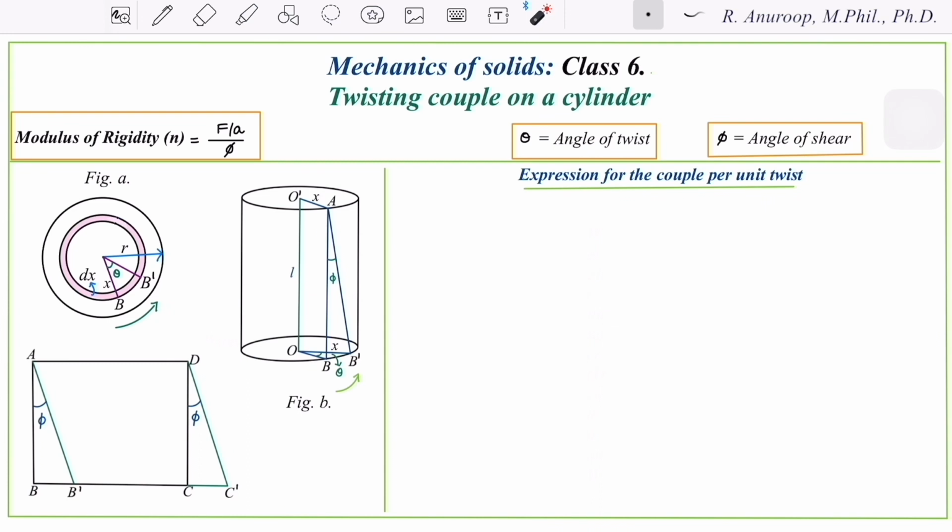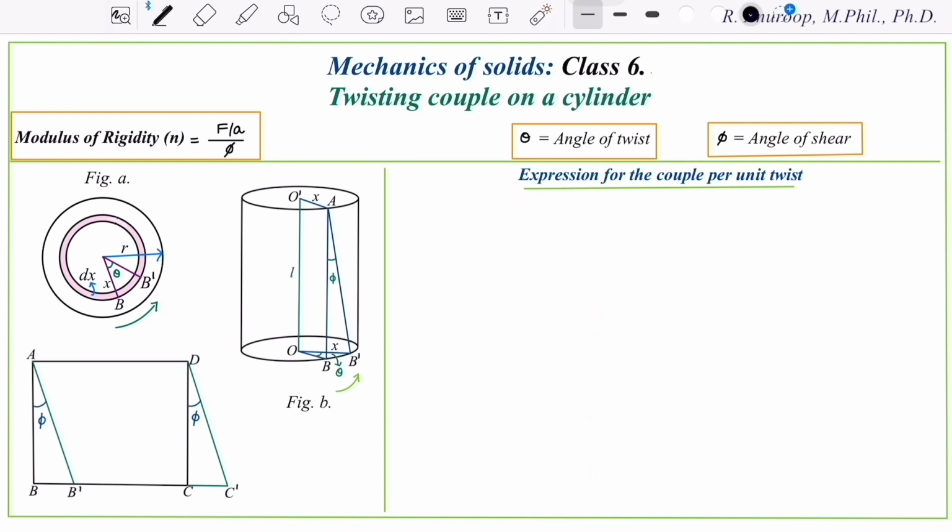If you cut the outermost layer and flatten it out, it has the shape of a rectangle ABCD. After twisting, it has the shape of a parallelogram AB dash C dash D. That is, B is shifted to B dash, C is shifted to C dash, with angle BAB dash equal to phi, the angle of shear.